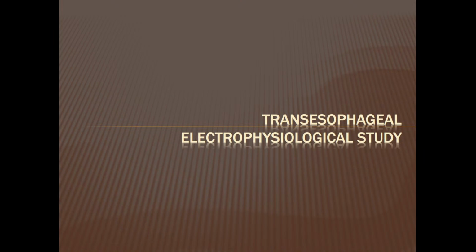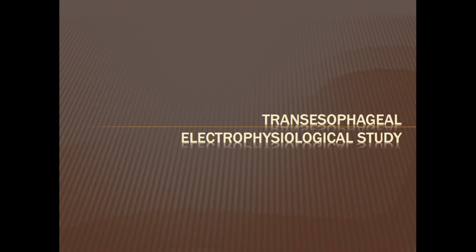And now let us go to some ECG methods, methods of detection of electrical activity of the heart, which are semi-invasive or invasive. We'll start with the transesophageal electrophysiological study.